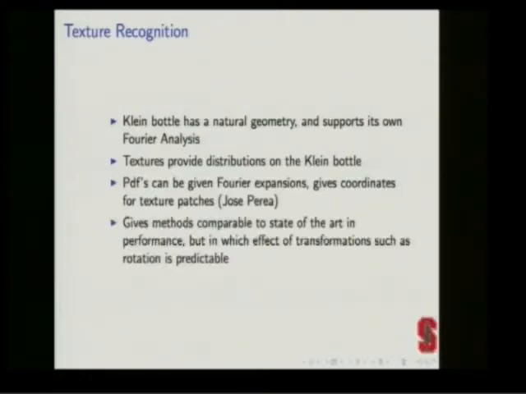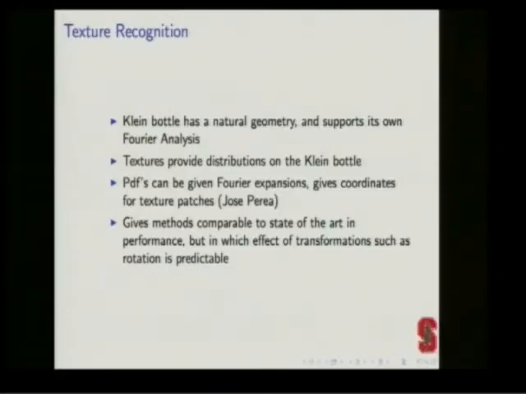And it turns out that after he worked with it for a while, he found that the method that he built was comparable to state-of-the-art on certain benchmark data sets. But, of course, the way that he's built it now gives him the advantage that the effect of transformations of the image can be analyzed very easily. So, for example, suppose that you rotate the image.